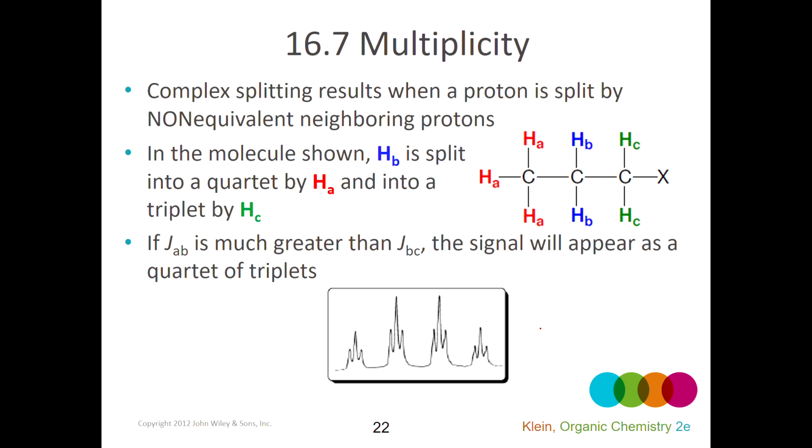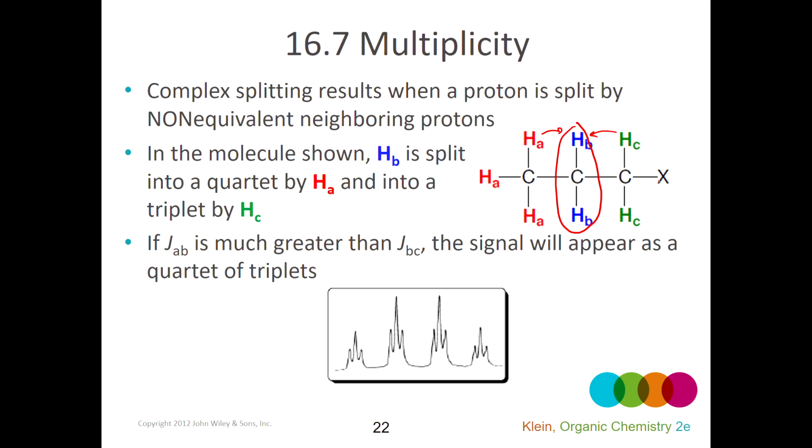All right, let's look at a couple more examples of complex splitting patterns. So we talked about this idea. Let's look at some more examples. So here we're looking at the signal for HB. I expect HB to not necessarily follow the n+1 rule because it's being split by hydrogens of different types.